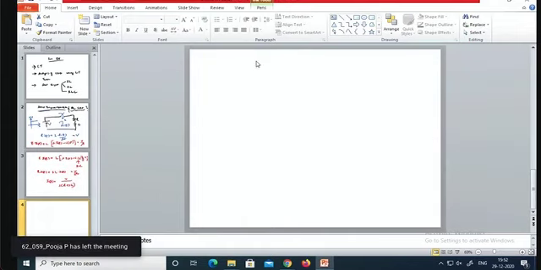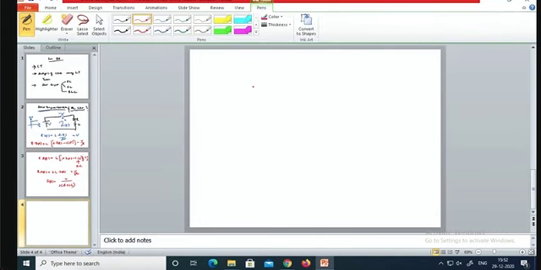I write the equation again for simplicity's sake: I(s) is equal to V/(s(R+sL)).